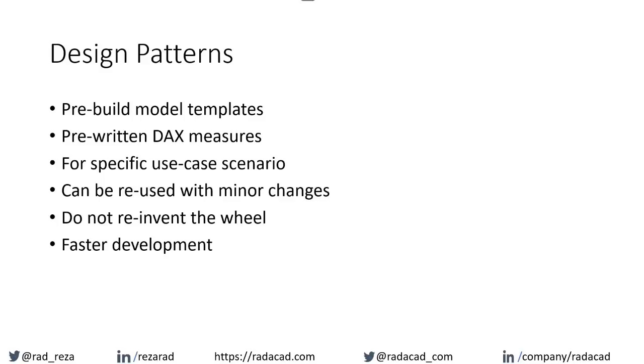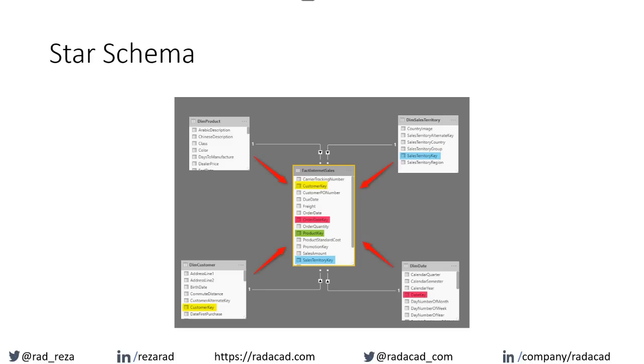Now, for most of these design patterns in Power BI, first you need to consider that in all of these design patterns, a best practice modeling is considered, which is building a star schema. And I have done another session previously. The video is on the Microsoft Power BI YouTube channel with the title of Data Modeling 101.